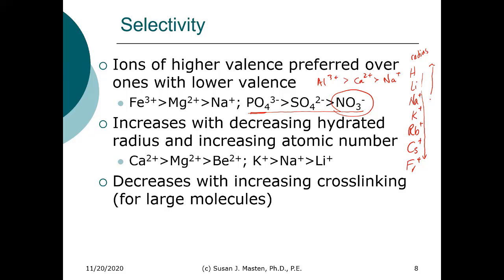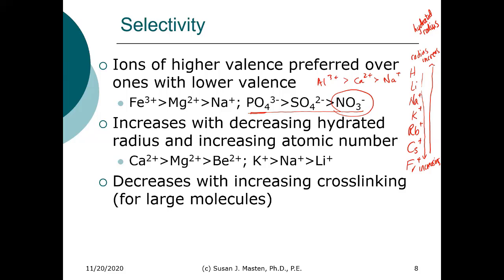However, the hydrated radius, so the radius of that ion in water, actually decreases as we move down. So it's increasing here, but the hydrated radius is the exact opposite.